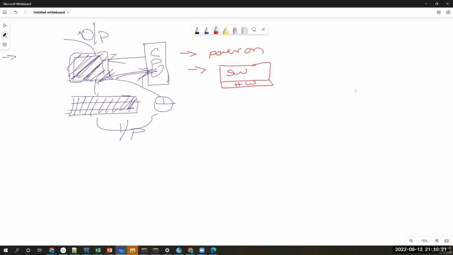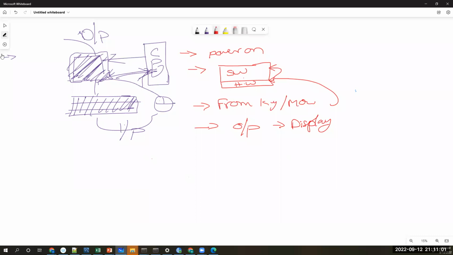Your software will load on the hardware. And after that, from keyboard and mouse, we will give inputs to this hardware, and based on its interlinking, the commands will work with the software. And the output you are able to see in the display. Is it clear? Yes, sir.